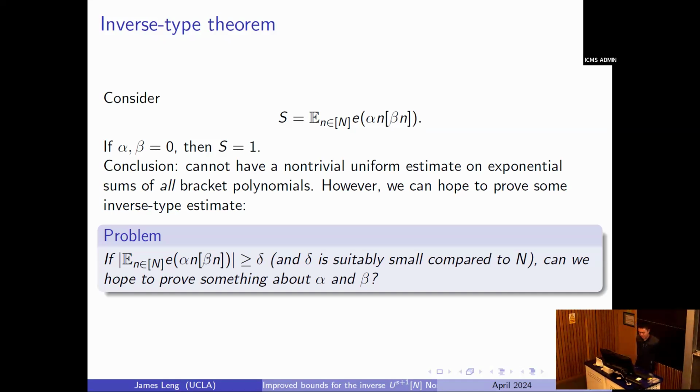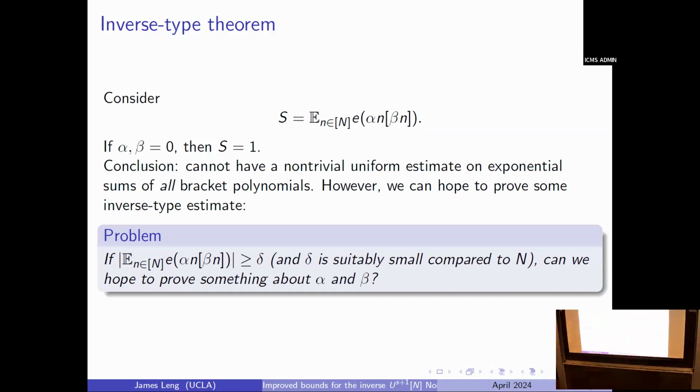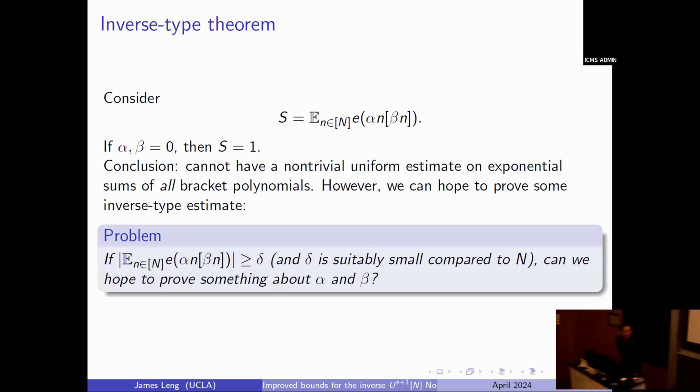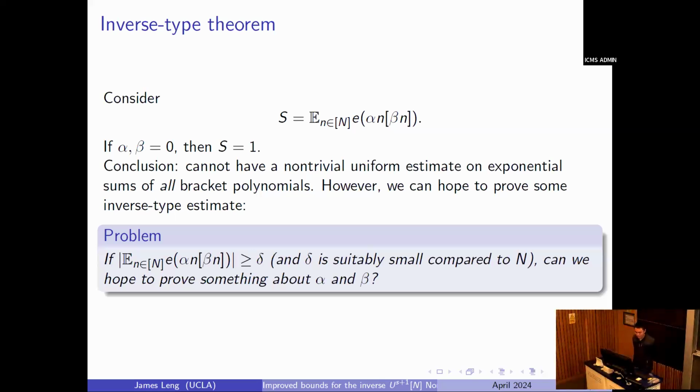Suppose that the absolute value of this exponential sum is sufficiently large, then what can we hope to say about alpha and beta? Whatever information we say about alpha and beta, it has to include the case where alpha is equal to 0 and beta is equal to 0.